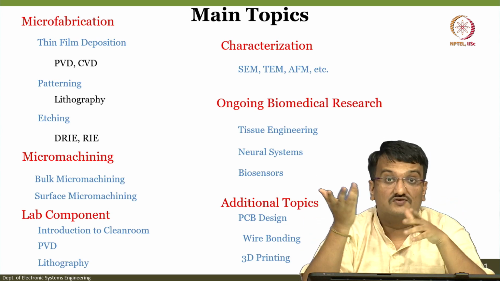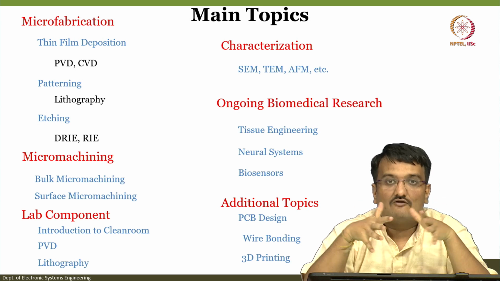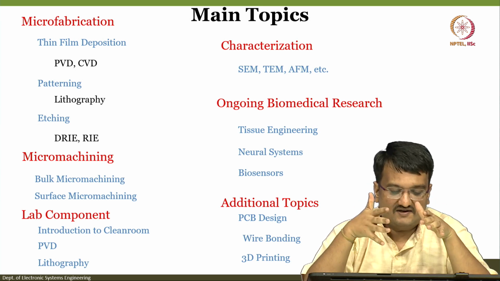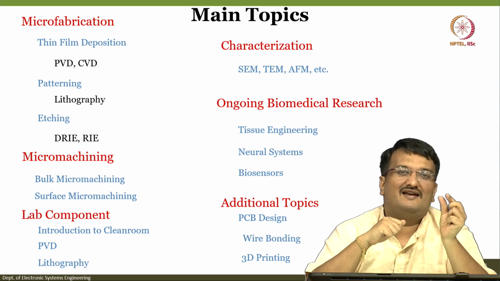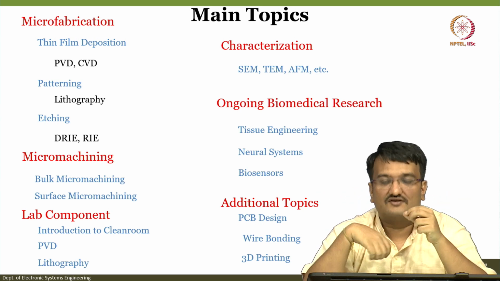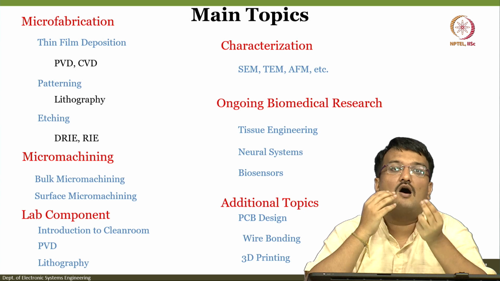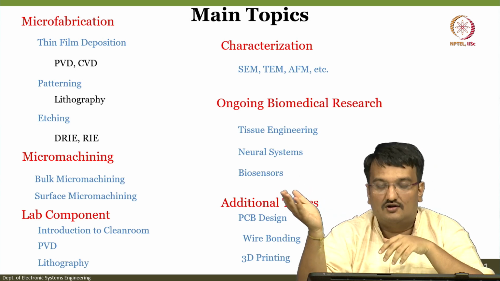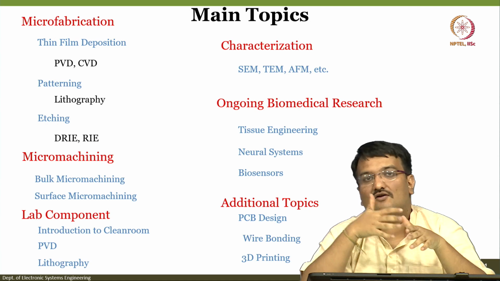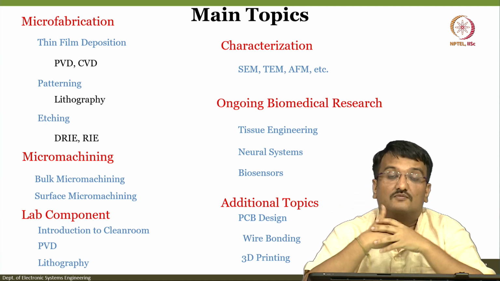And of course how you use it. So from a system development point of view, the topic of PCB design is important. Once you have a sensor, it will be very tiny, 1 centimeter by 1 centimeter or 2 centimeters based on your application. How will you make sure that sensor talks with your external world? That is where PCB design comes into the picture.